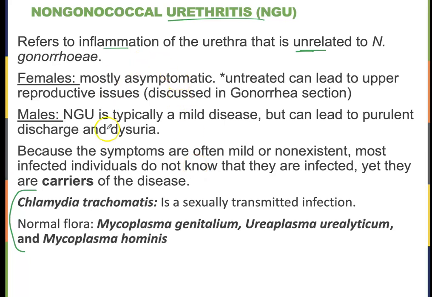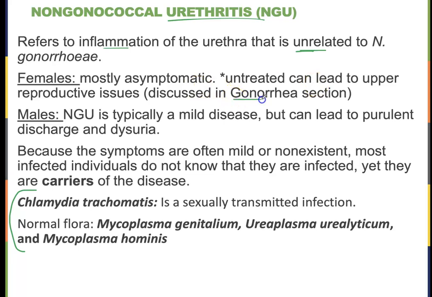So if you have this infection, a lot of times, you guys, sexually transmitted infections and irritation or infections of the urethra, sometimes they don't have any symptoms and people don't know that they're colonized with a pathogen. So for females, they're mostly asymptomatic. Untreated can lead to reproductive issues.